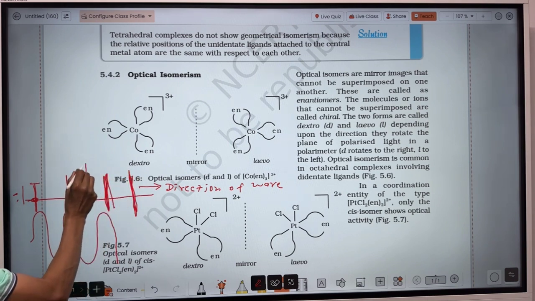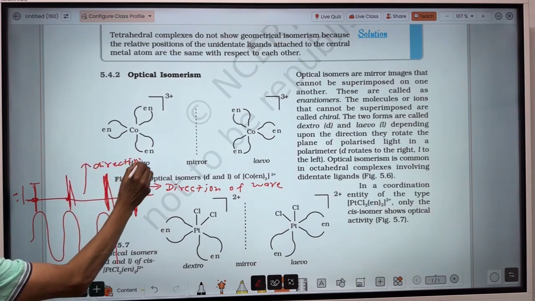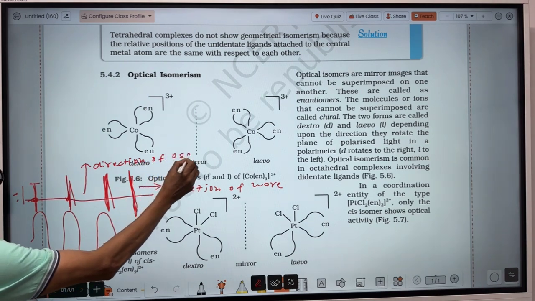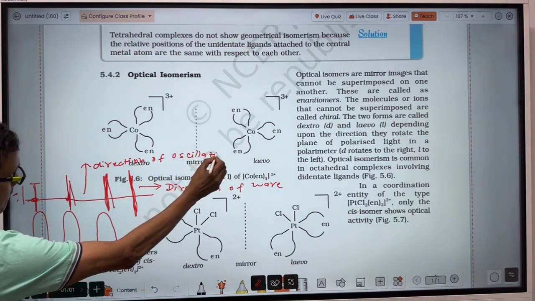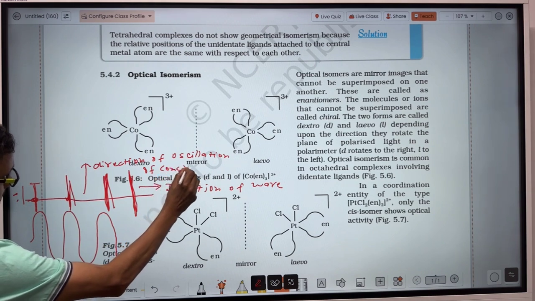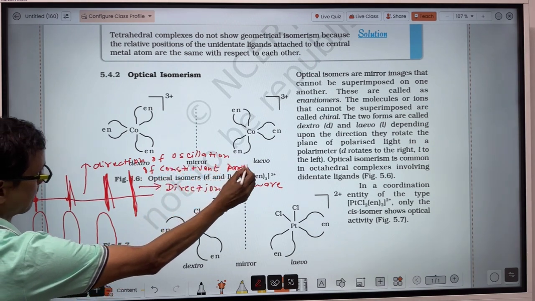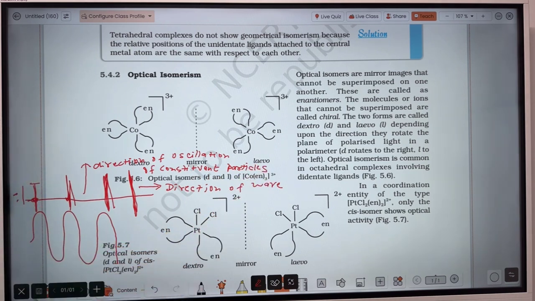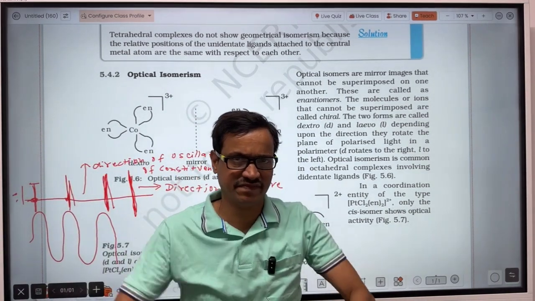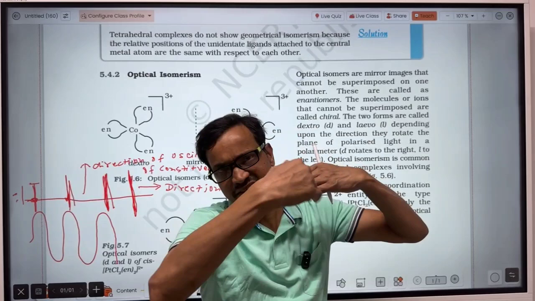So the constituent particles vibrate above and below, and the wave travels in this one.